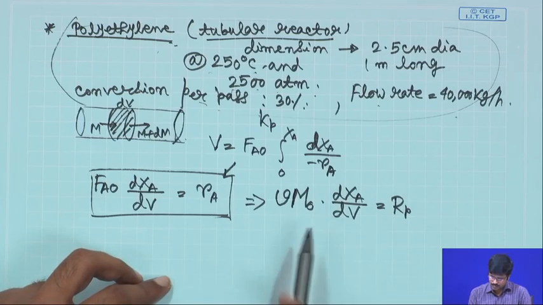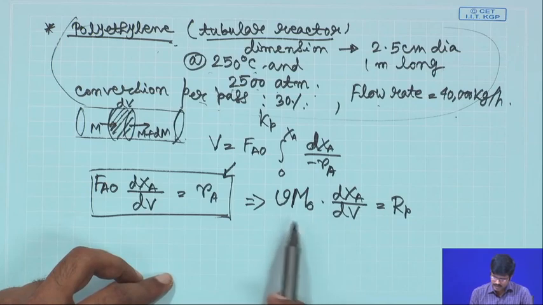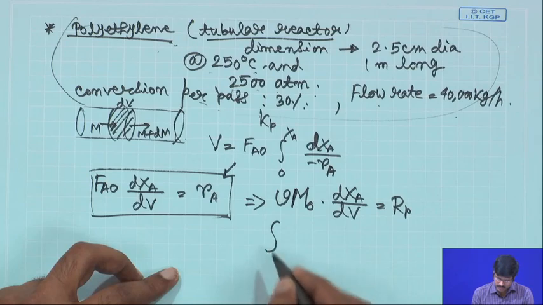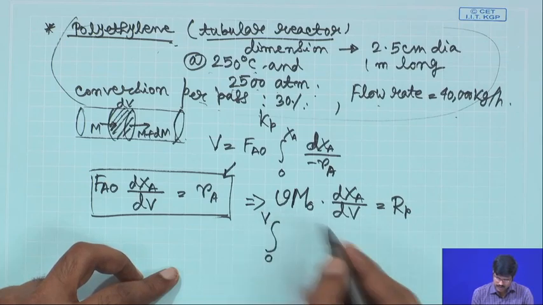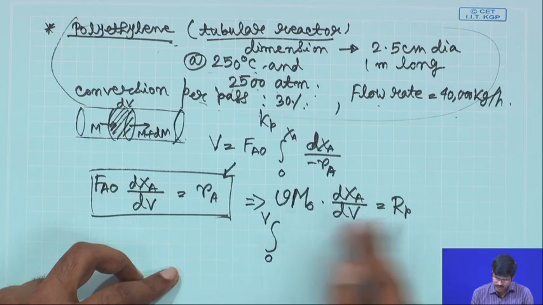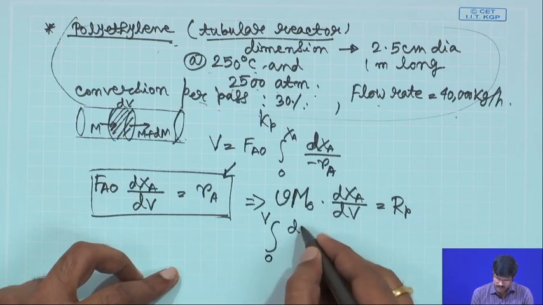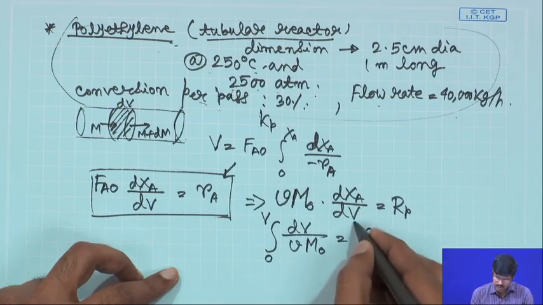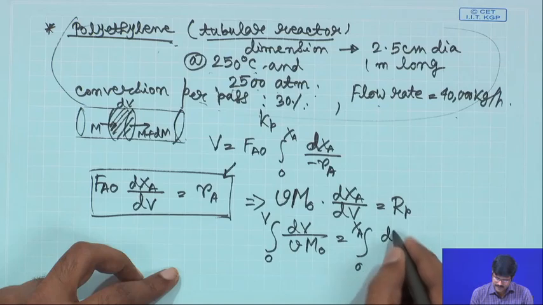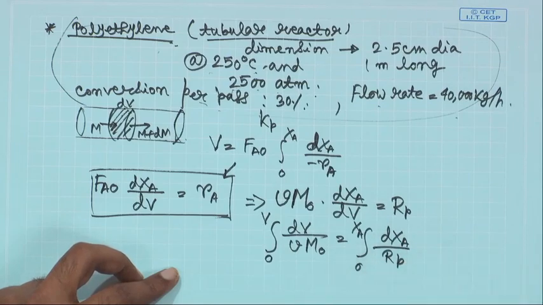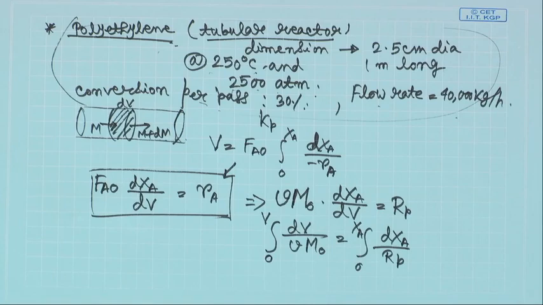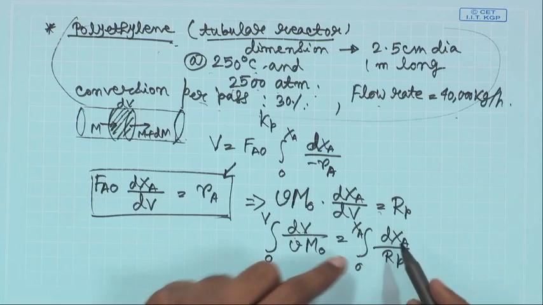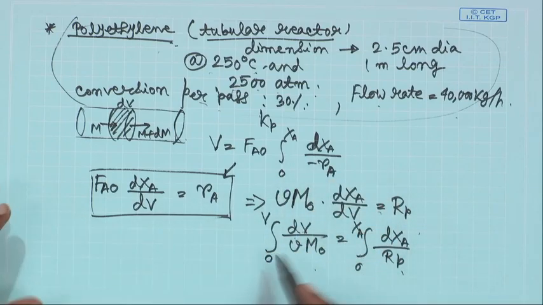Now, if you do an integration here, so let us say you do an integration from volume 0 to V and you do the corresponding rearrangement, it will be dV by V small v into m0 equals to 0 to xa dxa divided by rp. Okay. So, this is the expression that you will get here. So, this is dV by V m0 and then this side dxa divided by rp, that will come.